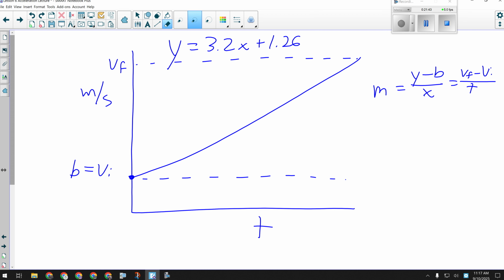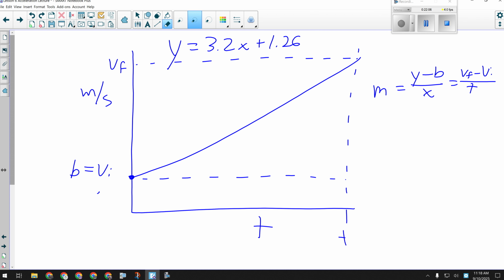Other thing to consider, if I wanted to calculate the displacement here, what values do I have for this graph? I know VI. Do I know how long I collected data for?